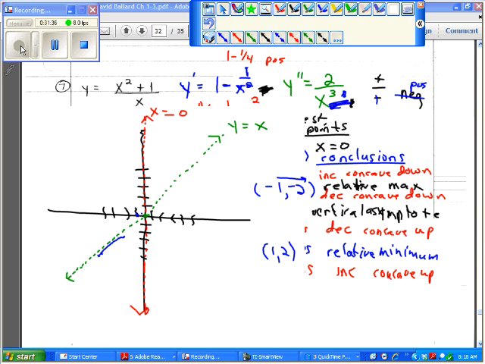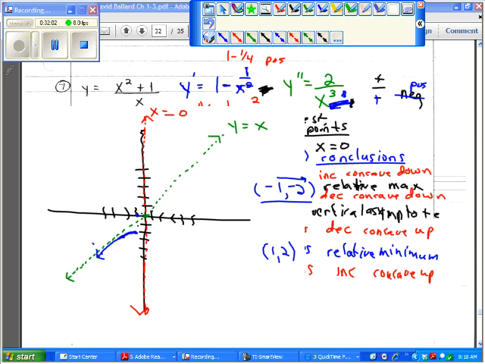Now, where's it going to turn? That relative max, negative 1, negative 2, right? So to the left of that relative maximum, it is increasing and concave down.